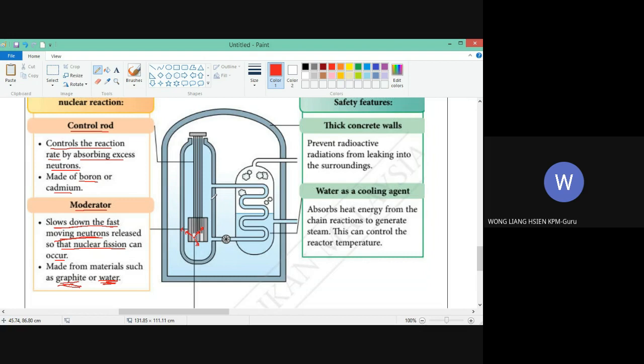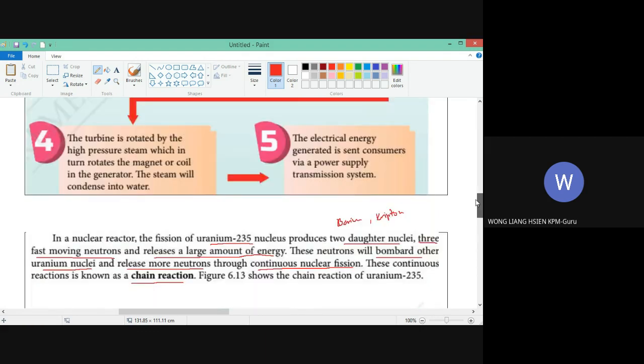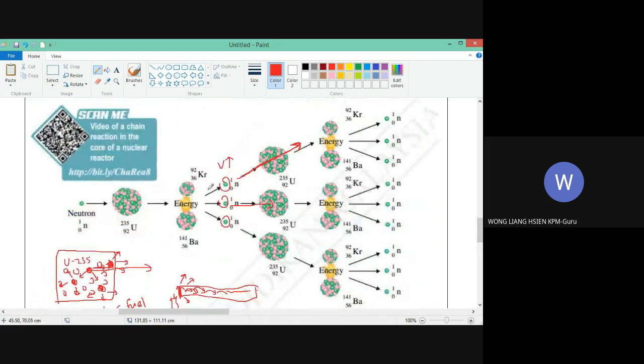Then the number of neutrons inside the reactor will decrease. Slowly, the number of neutrons will decrease, and then the nuclear reaction will stop. The reason is very simple. For example, out of 3 neutrons, if 3 neutrons go into the uranium, then the uranium can produce more neutrons, right?